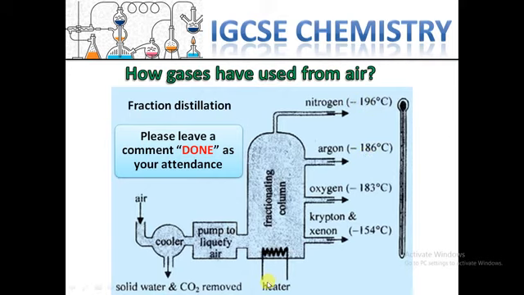After just a little bit of heat, the nitrogen boils and becomes a gas. When it becomes a gas, it can leave the column from the top.